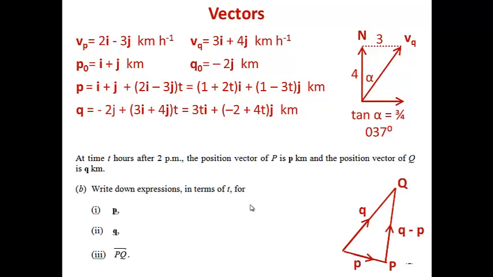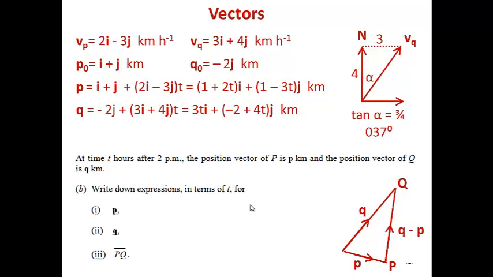If P has position vector little p, Q has position vector little q, to work out the vector PQ, we use the triangle of forces. If we start at P and we move to Q, we have to have minus p plus q, or q minus p. It's important to remember that PQ is actually q minus p.